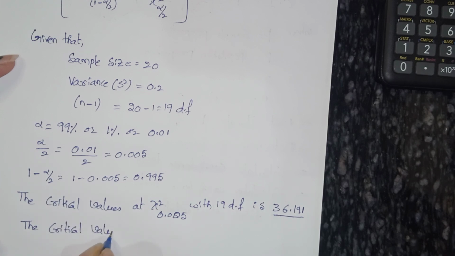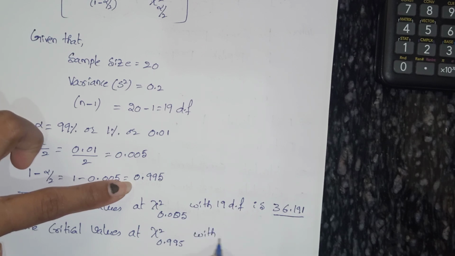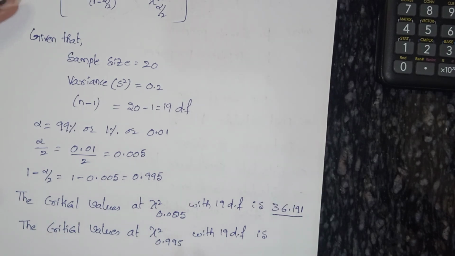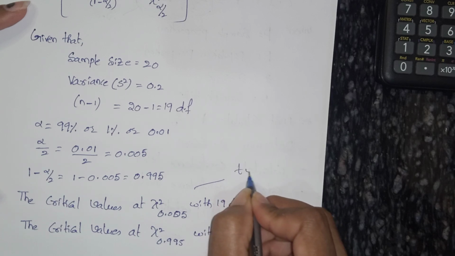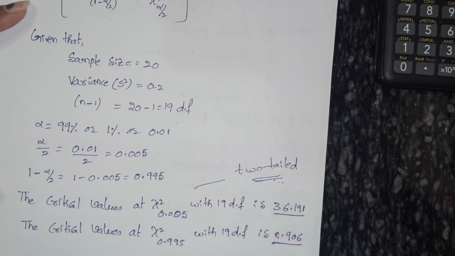The table value at chi-square 0.995 with 19 degrees of freedom is 8.906. So these are the critical values. Two-tailed, you have to observe table values at two-tailed.